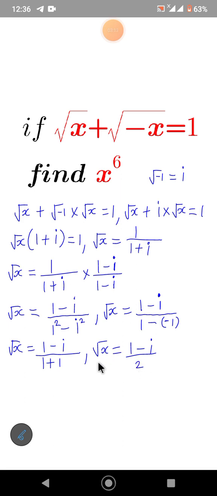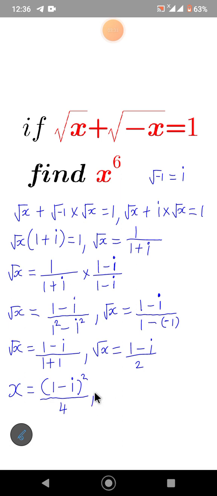Then the next thing I'll do, I'll take the square of both sides. So x now will be equal to 1 minus i, the square of this, over the square of 2. The square of 2 is what? 4. So we just put our 4 here.